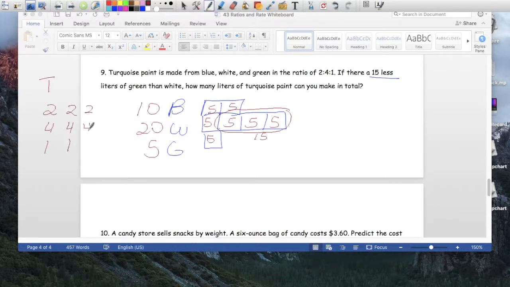Another one would be 2, 4, and 1, and then another one, 2, 4, 1. I'm going to stop here because 2, 4, 6, 8, 10 adds up to the 10 blue I have. 4, 8, 12, 16, 20 adds up to 20, and 1, 1, 1, 1, 1 adds up to 5. So with 10, 20, and 5, I can make 1 liter, 2 liters, 3 liters, 4 liters, 5 liters.